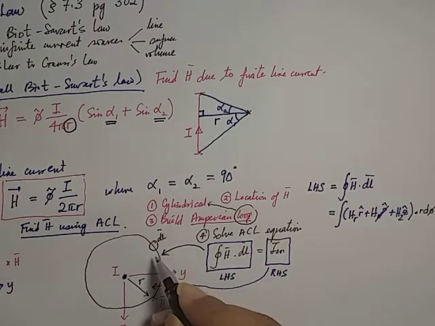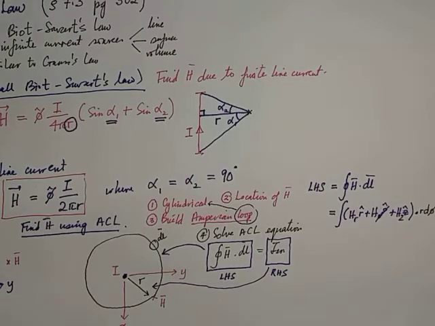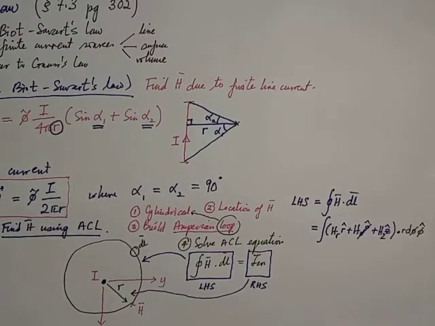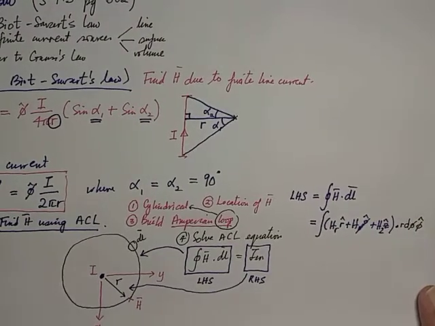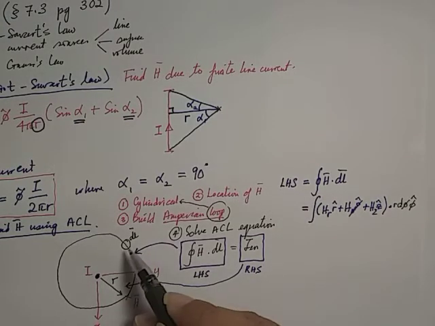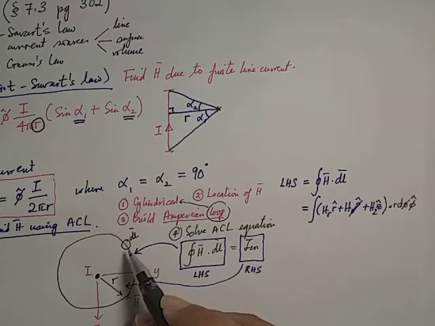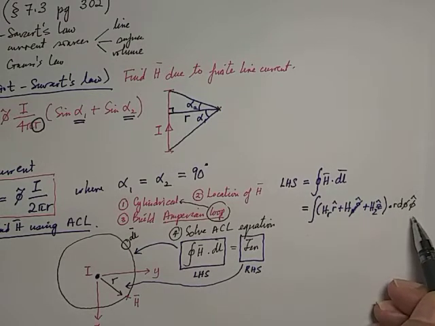Because dl is a vector. Yes, the phi direction. So the dl should be r d phi in the phi direction, because the dl must represent our dl on the diagram, and based on our table that we built together, that term should be substituted in this way. Okay, now let's continue.